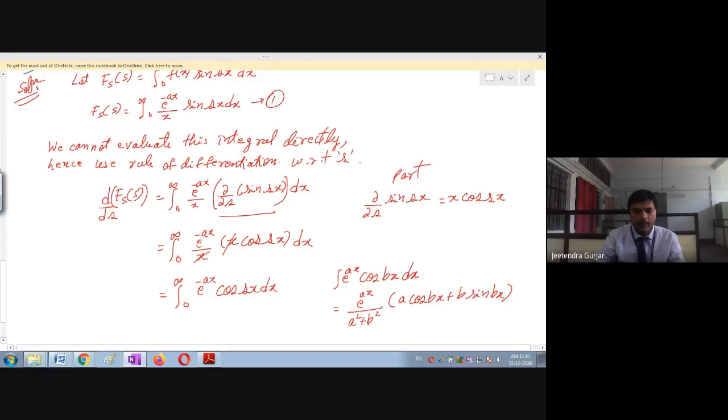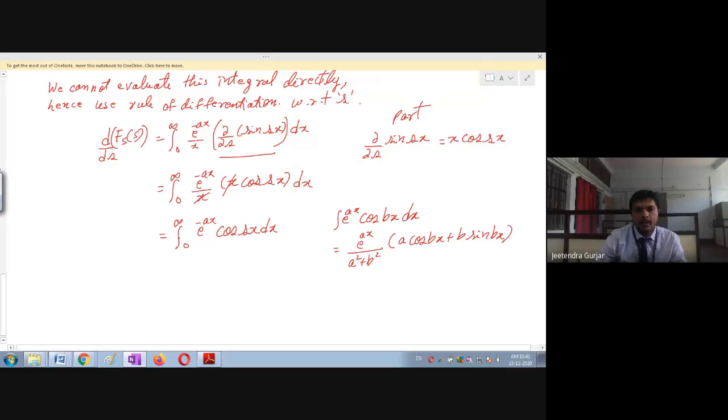See, I am not applying the integration before modifying. Now, after modifying, I can apply this integration when it comes to the standard form or standard formula. So you are going to use this type of formula. Now you can see here, students, I'm going to substitute the values.